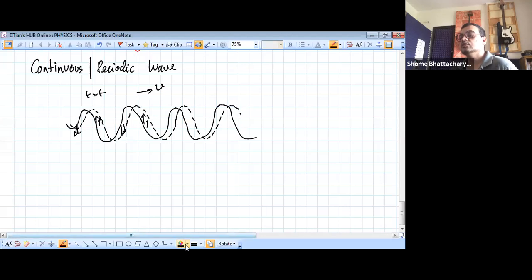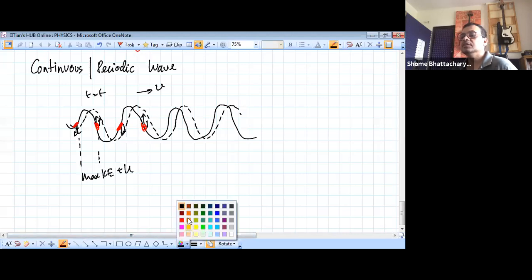Okay. And also you can see that again, this stretch is maximum over here. So again, it is the particles which are in the region where they are going through the mean position. They have maximum kinetic energy plus potential energy.